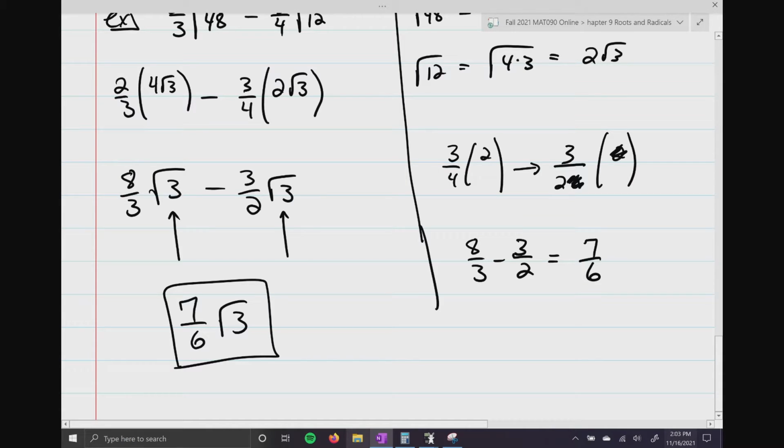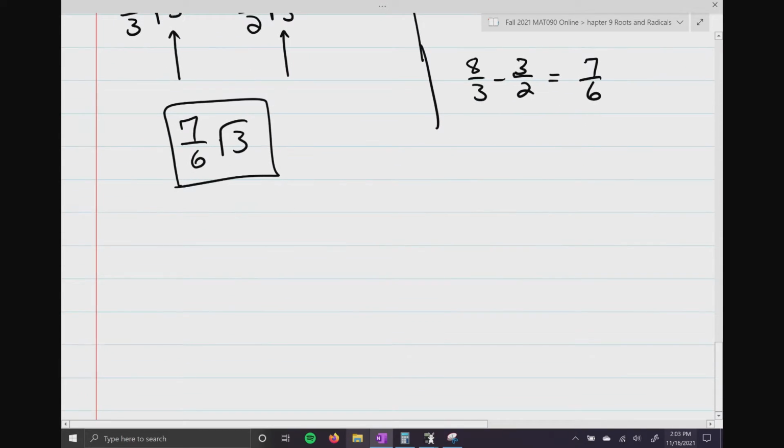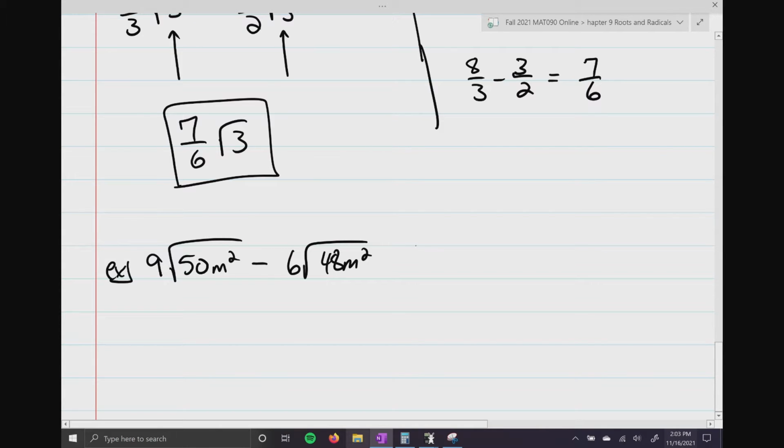I could try to make these a little bit more difficult just by giving you harder problems to simplify. For example, 9 times the square root of 50m squared minus 6 times the square root of 48m squared. Well, nothing changes.